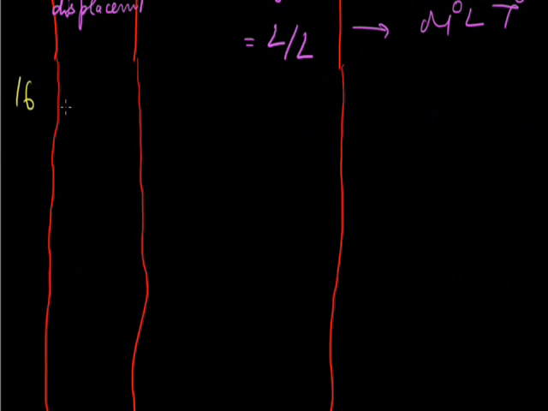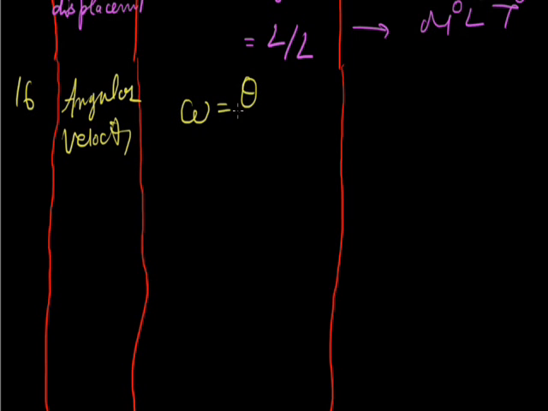16th is angular velocity. Angular velocity omega is theta by t, or we can say d theta by dt, which is dimensionless M0 L0 T0 upon T1.